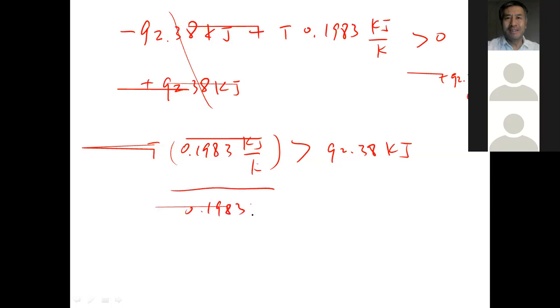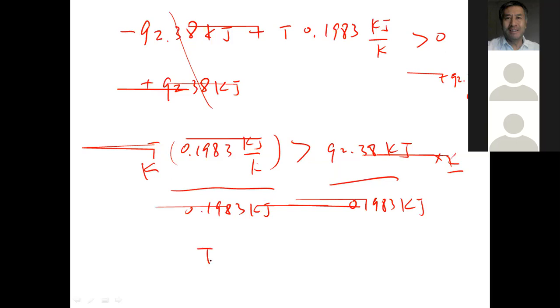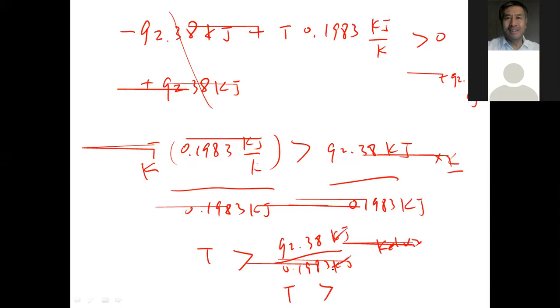So we divide by 0.1983 kJ on both sides, and the units: kJ cancels, and we are left with Kelvin. So we get T larger than 92.38 kJ divided by 0.1983 kJ per Kelvin, so T is larger than 465.9 Kelvin.